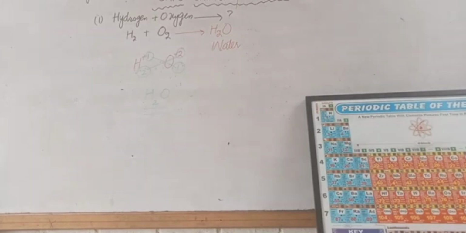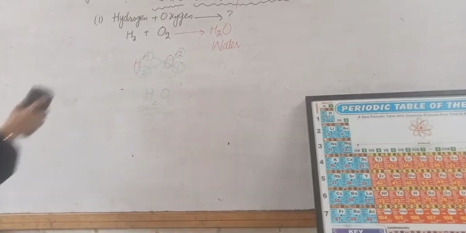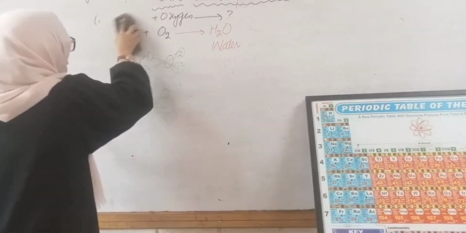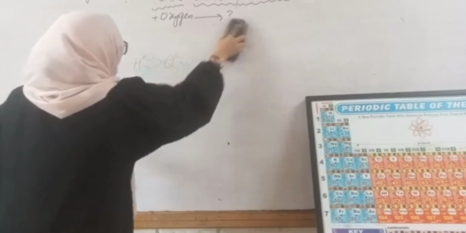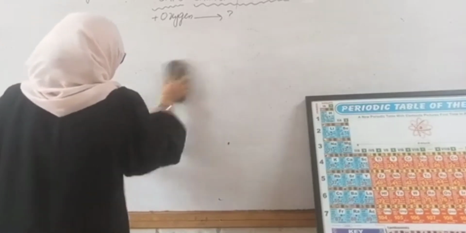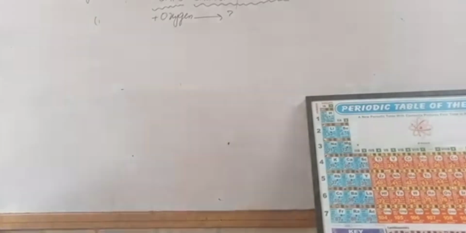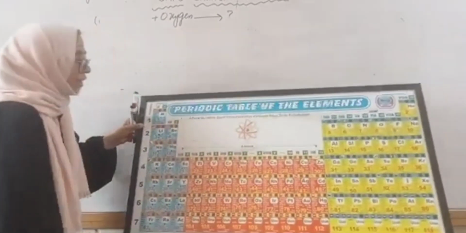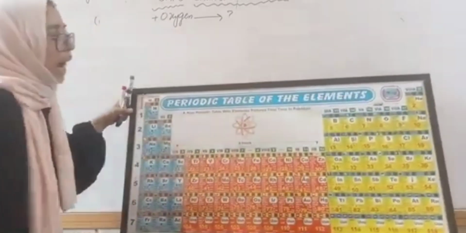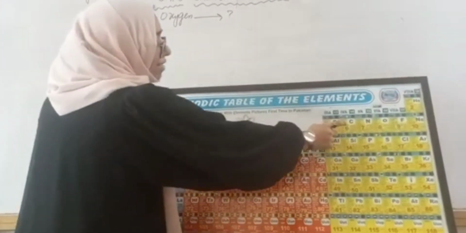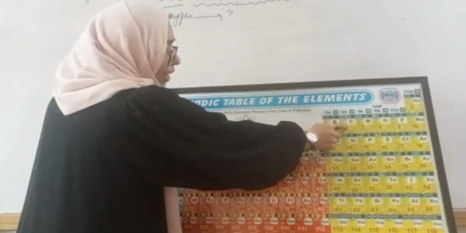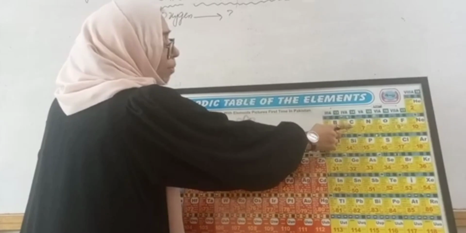Now, we will do the next example between the carbon and oxygen. Okay? From the periodic table, we can get an idea for the symbol and the charges. Carbon has symbol C and it has charge +4.